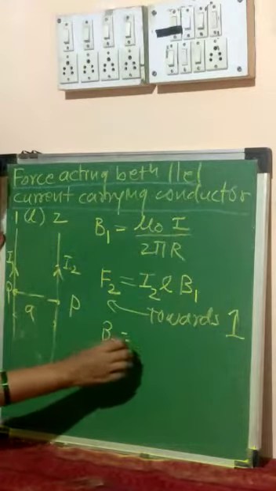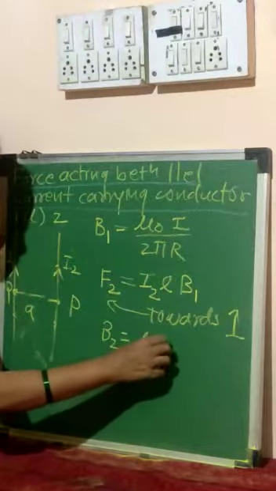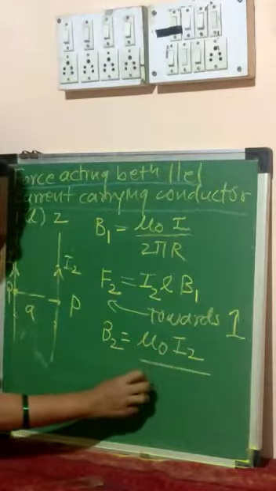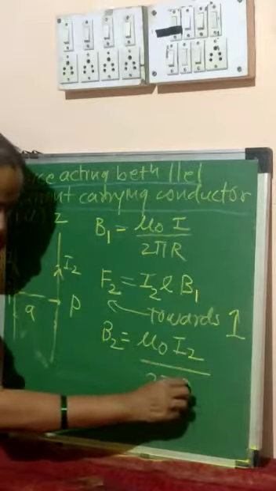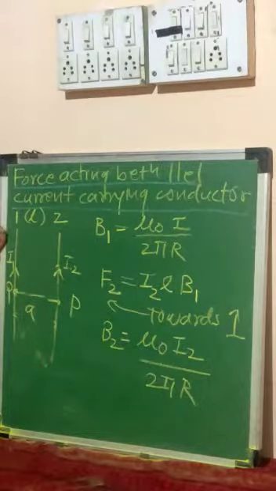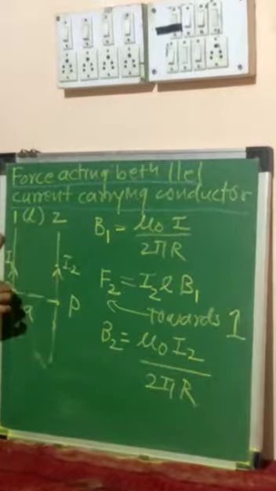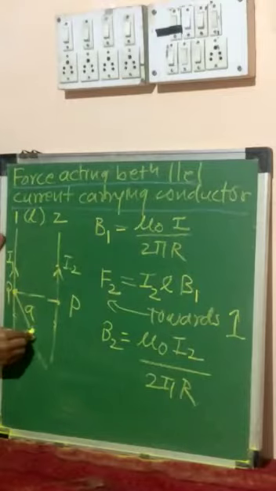This B2 I can write as mu 0 I2 divided by 2 pi r. Now, for the direction of B2, when current is flowing upward, the direction of B2 developed at point Q is outside.